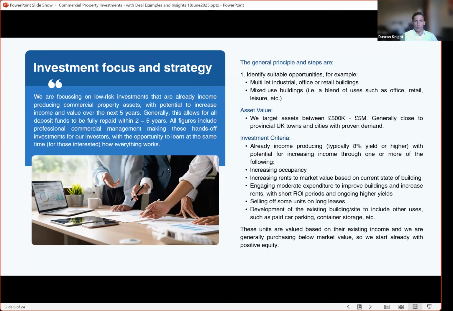So we're looking for big enough buildings to cater to 2 or 3 plus occupiers. The opportunities presented today are 2 office buildings, but we are covering industrial, and we do look at retail as well at the moment. If there are any bespoke requirements out there, we can happily talk to you about those offline separately.